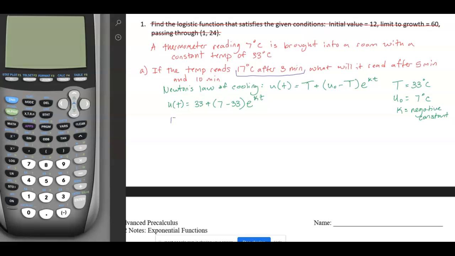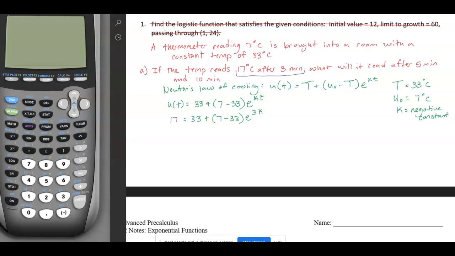17 degrees at 3 minutes. Now I am just going to flip these around just because we're isolating a constant from a variable. So now I just have to solve for k. First things first, I'm going to simplify over here.